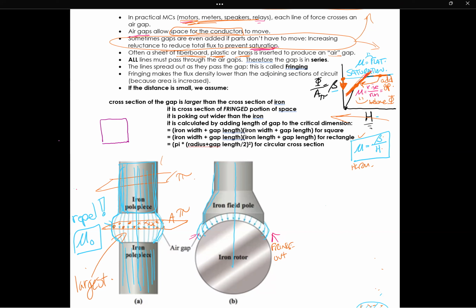Let's assume it's square. And let's say it has a width W. So this is the cross-section, basically A of iron. And it's W by W. Here's my square cross-sectional piece. So that's this here. It's area of iron.